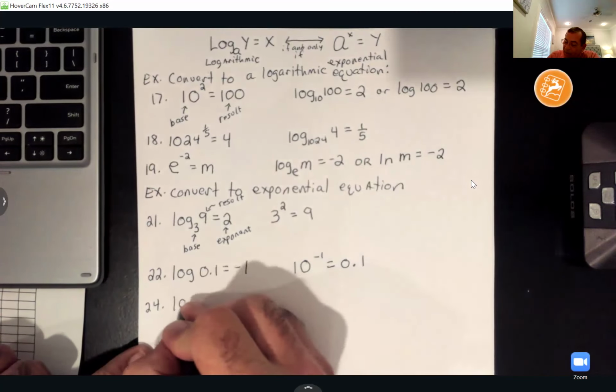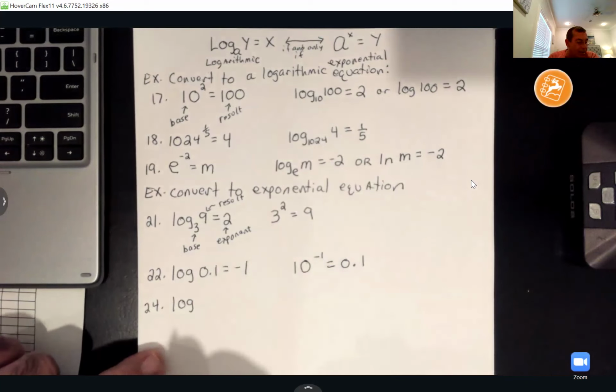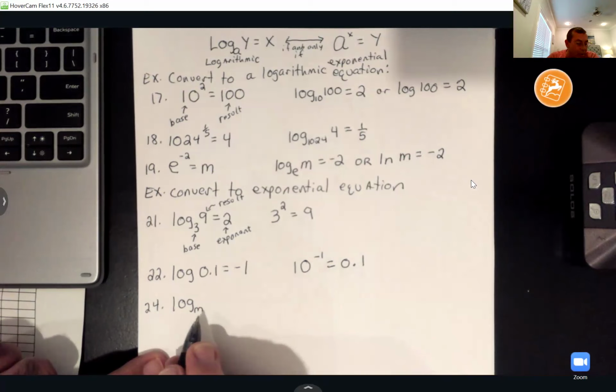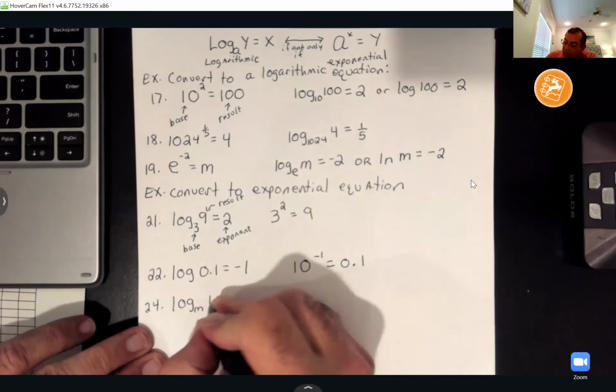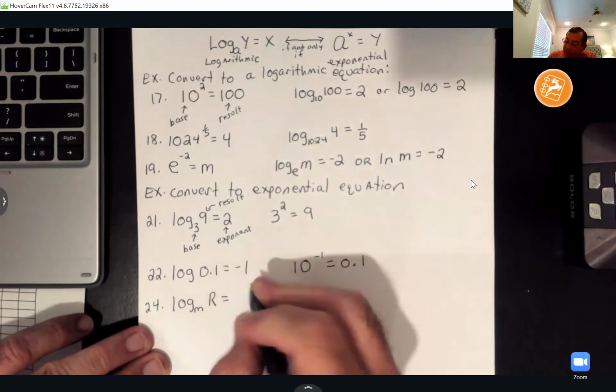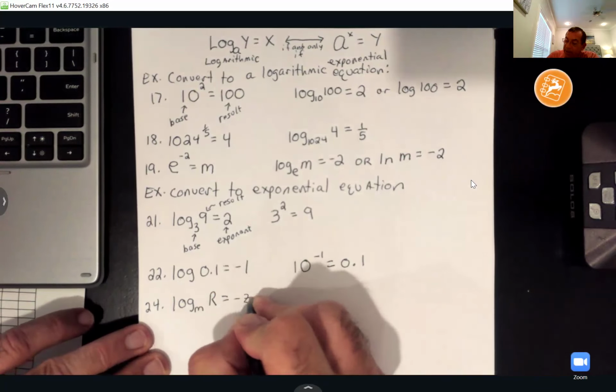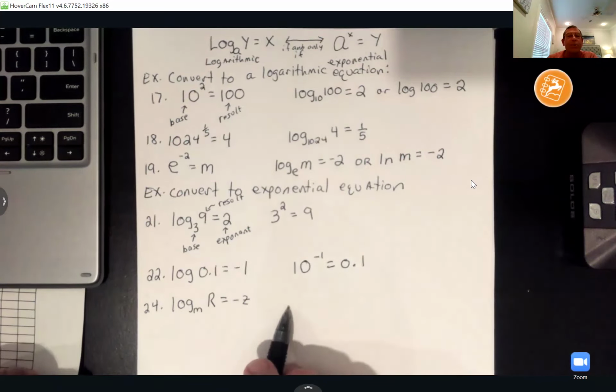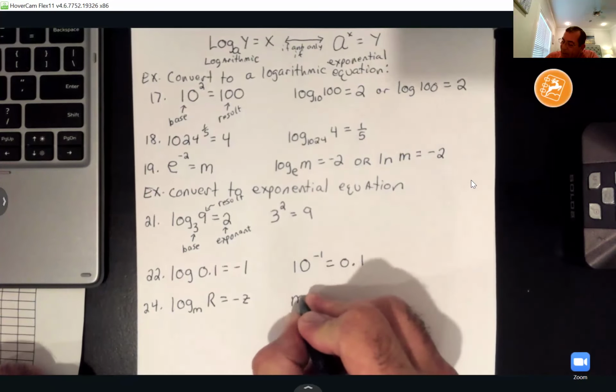All right, y'all, here's one. MathLab's really picky about capital and little letters. They got log base m of a little m of a capital R equals a little z. Just remember when you write it in, use capital letters and lowercase letters. So the base, what's the base? All right, the base is an m.